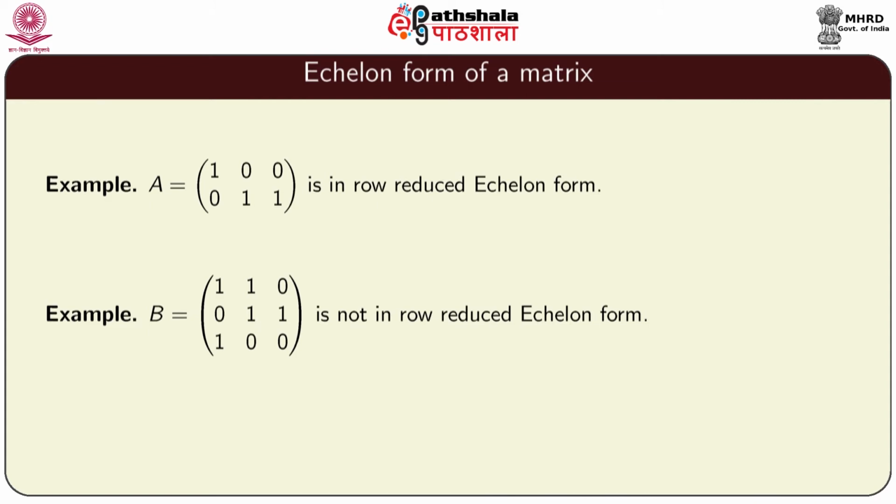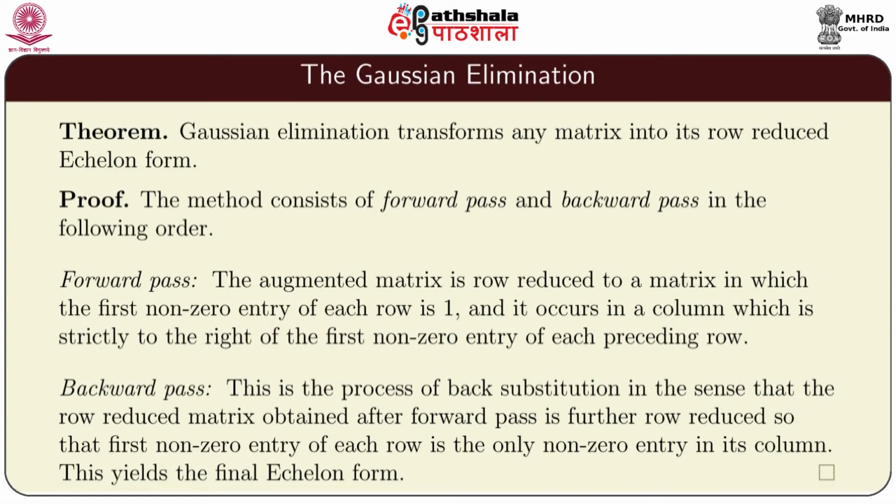Now, let me give you an idea why we look for a row reduced echelon form. This was the definition of row reduced echelon form, and if you remember, I mentioned that echelon form means it's wedge shaped and something like upper triangular where the lower half is filled with zeros.